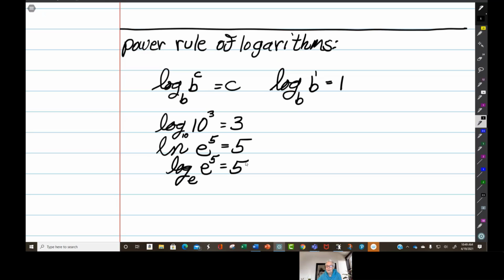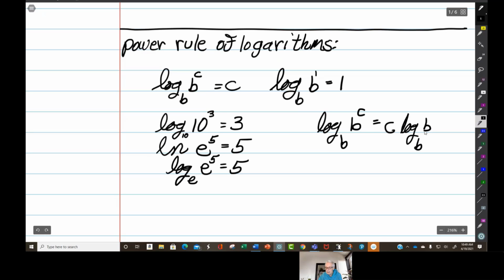So I really love the power rule. This is part of the power rule. Another way that this is taught is, suppose you have log base b, any base, of b to the c, then you bring the c down in front, c times log base b of b. Well, log base b of b is 1, because that exponent is 1.